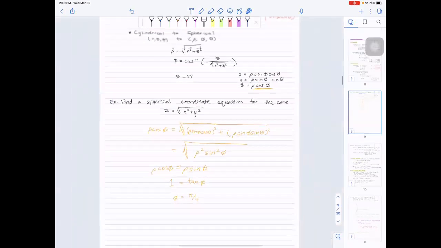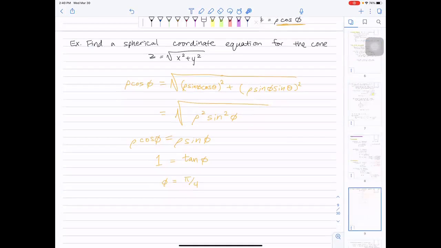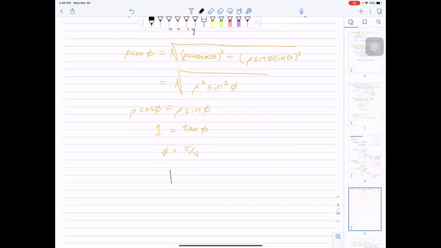Okay. What will the constant tell us about the cone? For example, for phi equals pi over 4, when you're finding the phi bounds, we always see what angle some ray makes with the positive z-axis. So phi being pi over 4 means that this angle here is pi over 4.